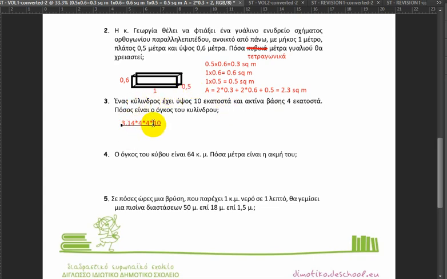So I'm going to move this here because I can. And I'm going to multiply 3.14 with 10 first, because I believe that'll make this a little easier. 3.14 times 10 makes 31.4 times.